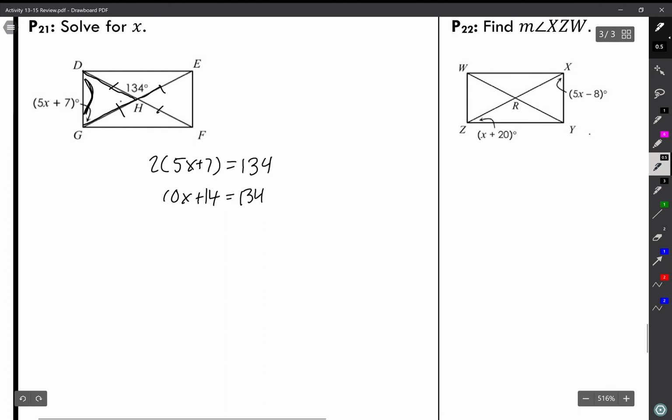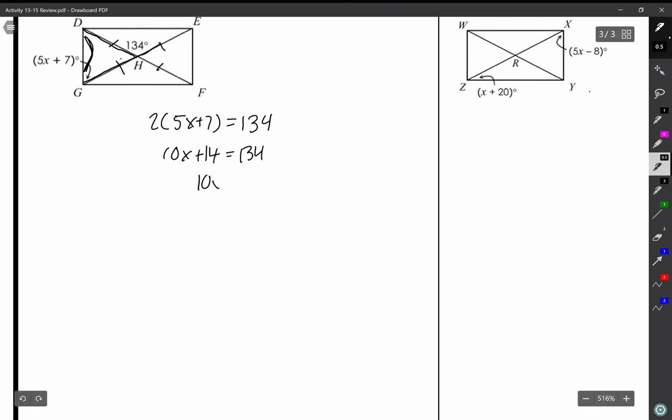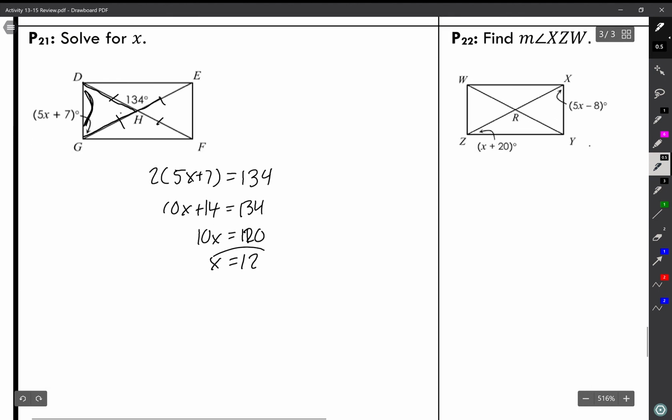I actually solved this one differently in my notes too, on my key, but that's alright. 10x is equal to 134 minus 14, which is going to give me 110. Oh no, 120, excuse me. Can't do math. So x is equal to 12. And that's all we want to find.